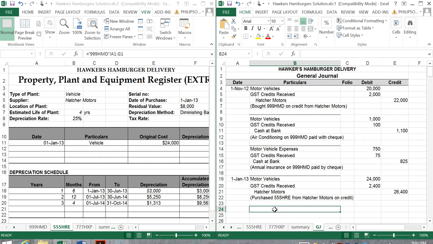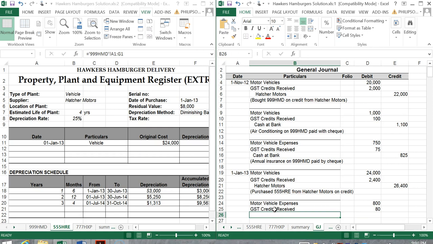Okay, so that's the purchase of the vehicle. Insurance cover for this vehicle was 800 plus GST. So on the same date as well, we're going to do motor vehicle expenses. And this is 800 plus GST, so net amount 800, GST credits received equals that times 0.1, and we paid by check, so cash at bank.